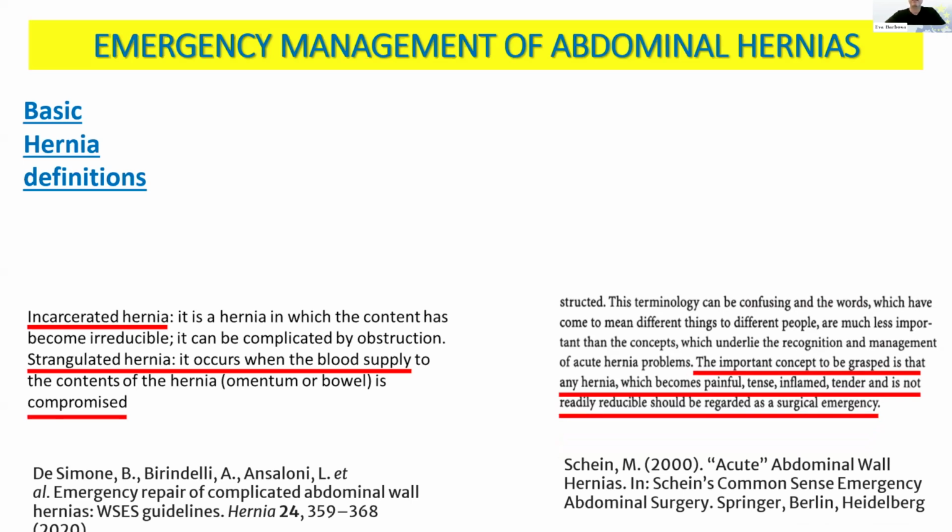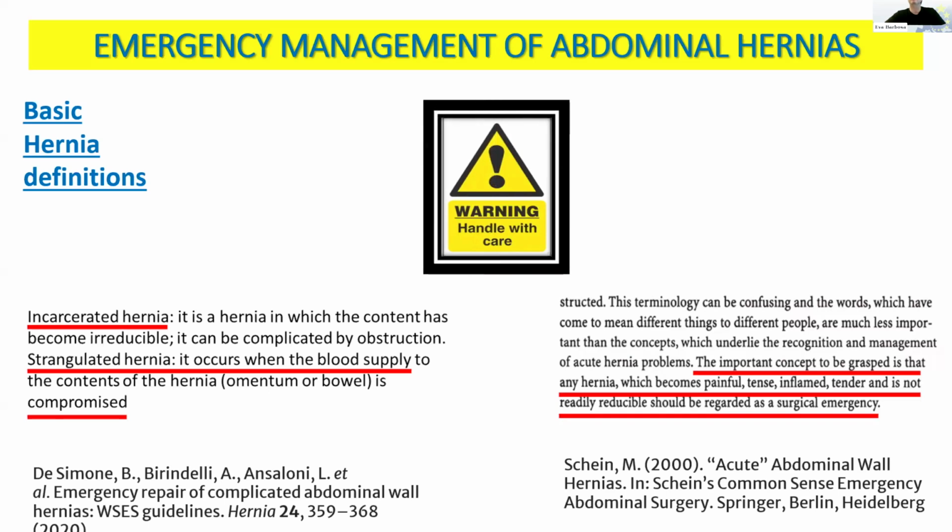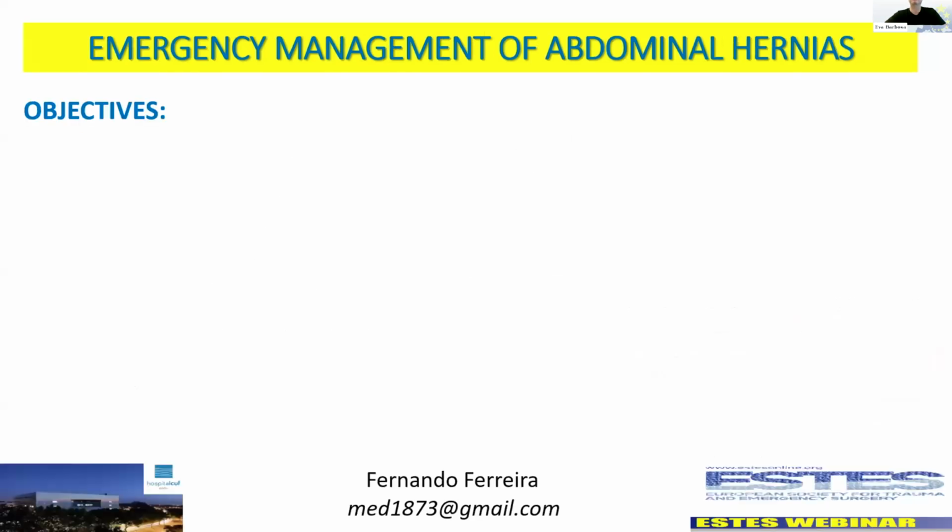And on this day or 24 hours before, they've actually had an occlusion. So as Moshe Shine says, the important concept to be grasped is that as soon as the hernia becomes painful, tensed, and inflamed, you know that you're in trouble. That patient is in more trouble than you, of course, because that patient is a surgical emergency.